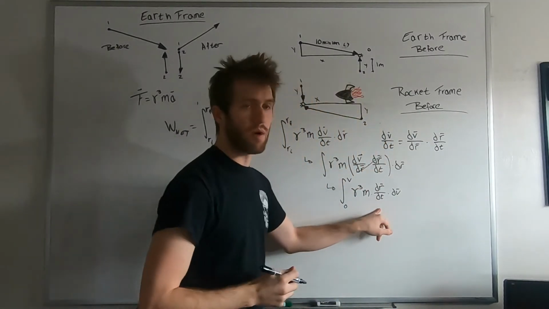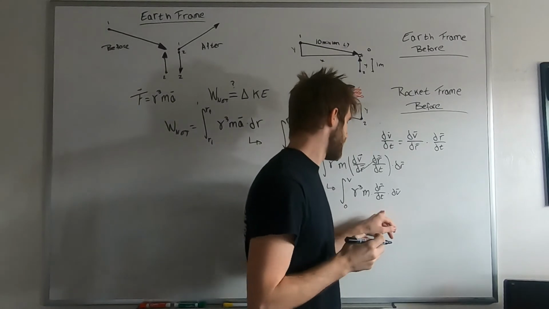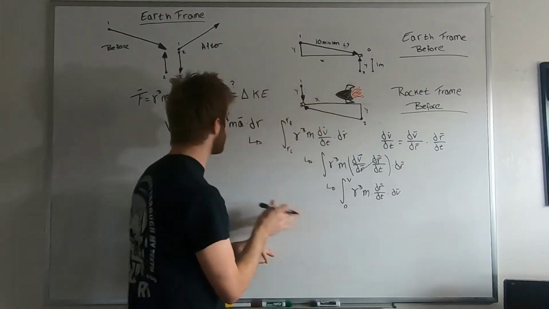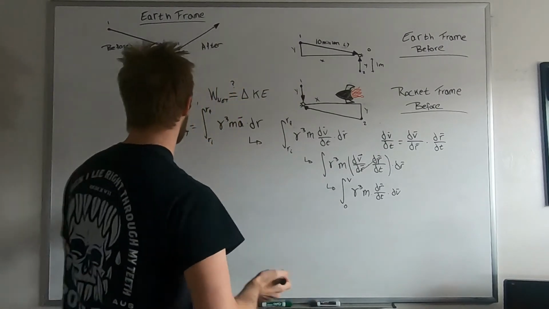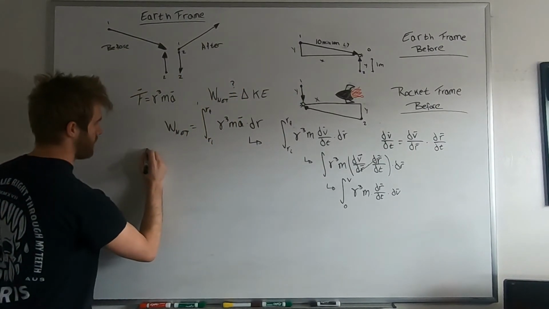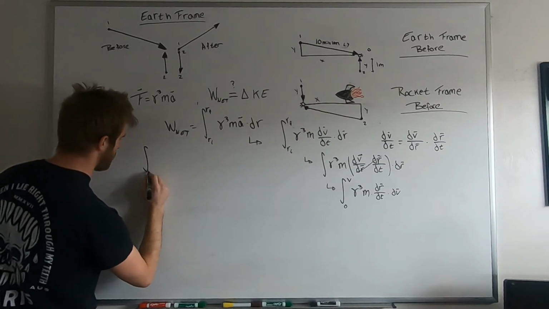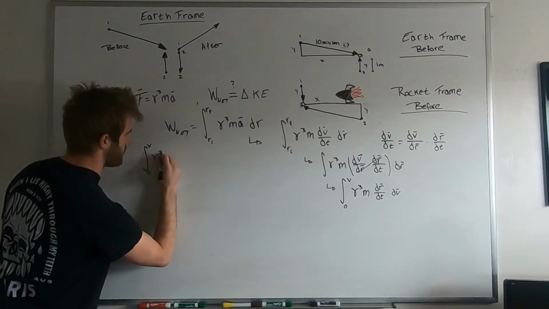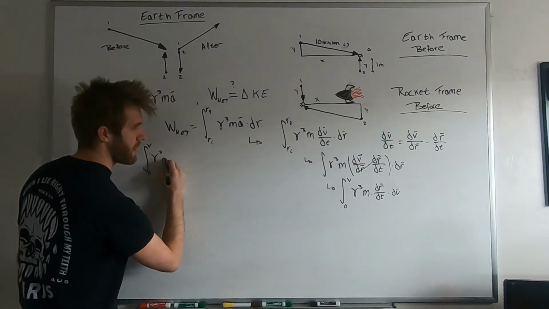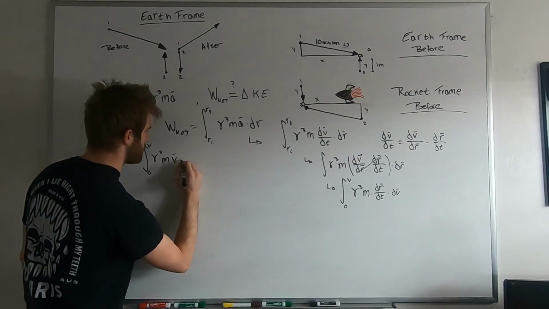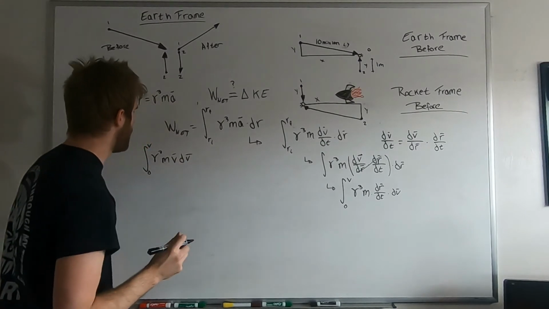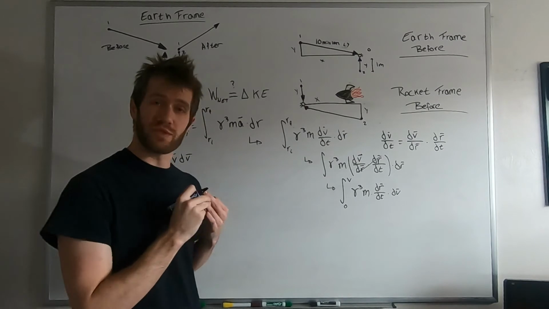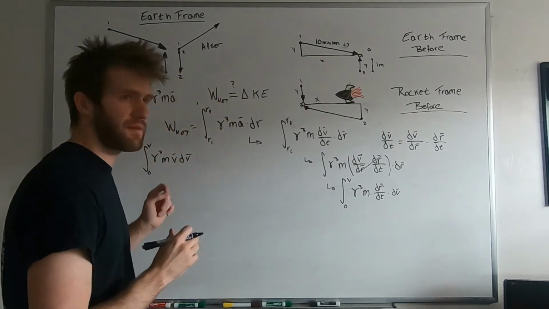And of course, dr over dt is just our velocity. Okay, so we're going to take this, bring it over here, and then solve it. Okay, we're going to have our integral from 0 to v. We have gamma cubed times the mass times our velocity dv, right? Okay, so now we can actually start making some useful substitutions and taking the integral.